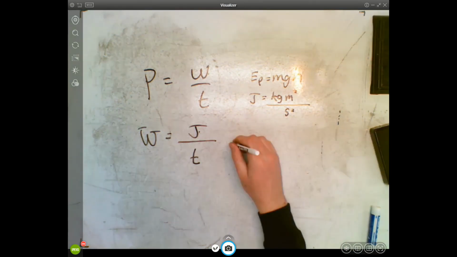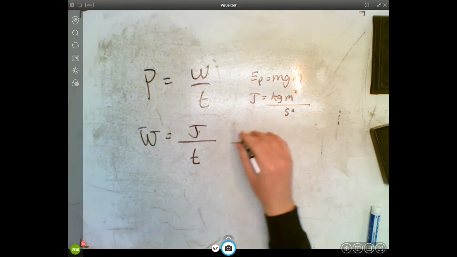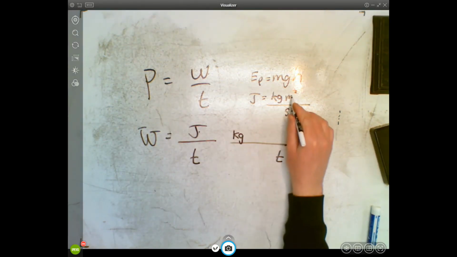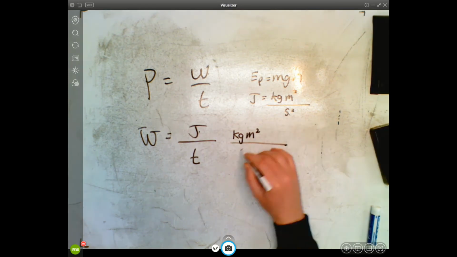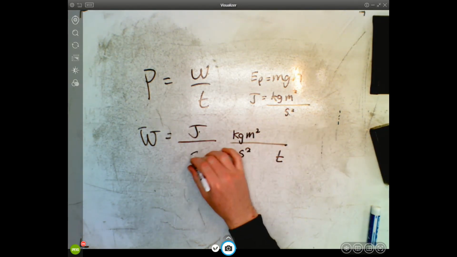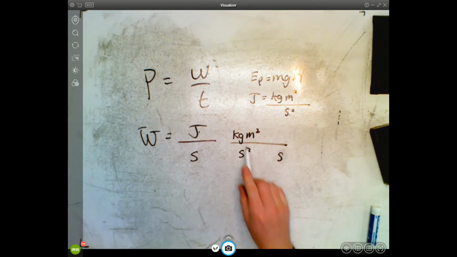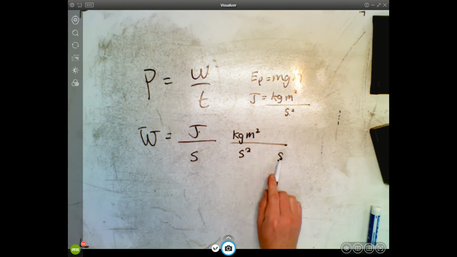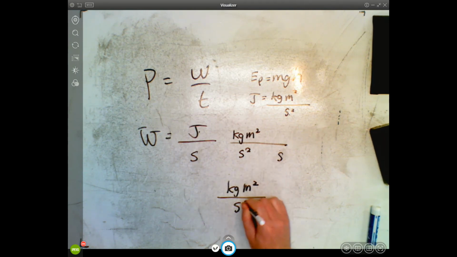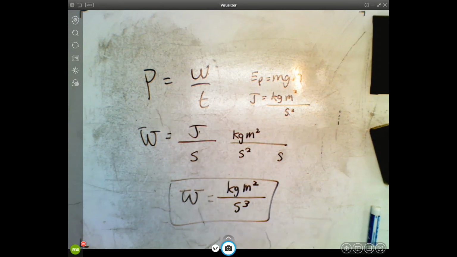Instead of writing joule, I can write kilogram meters squared per second squared. Oops, sorry, time is in seconds, joules per second, so the seconds is down there. So what we end up getting is kilogram meter squared per second squared, per second. And if I have seconds squared times seconds, I end up getting seconds cubed. So a watt is equal to that.